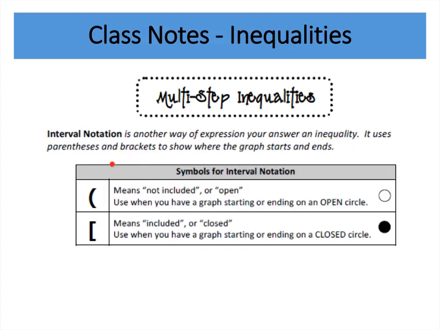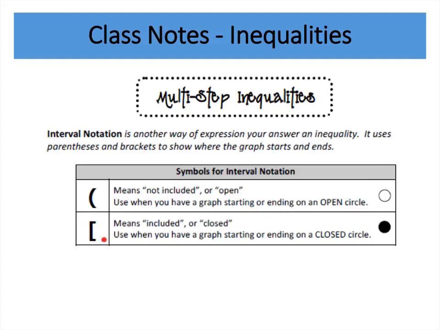So we use parentheses or brackets, so these are parentheses and brackets right here, to show where the graph starts and ends. If we have a curved bracket or a curved parenthesis, this means that it's not included, or open. That's similar to the open dot that we saw before, and we use it when you have a graph that is starting or ending with an open circle.